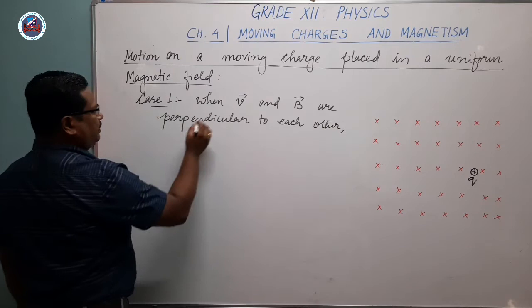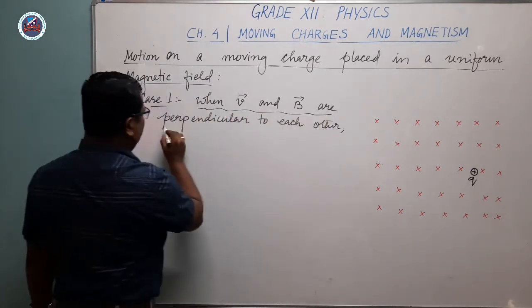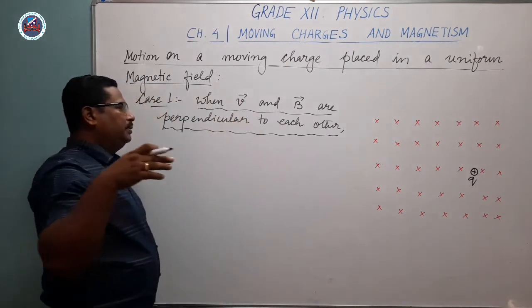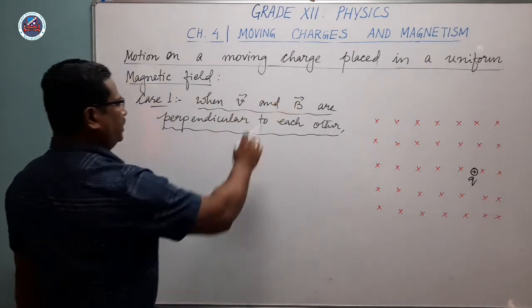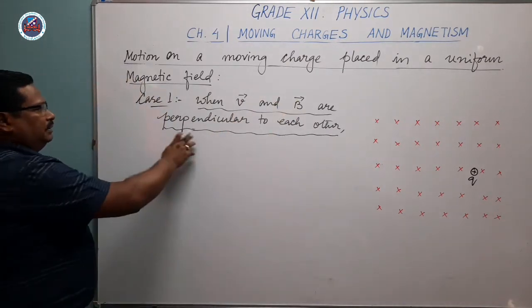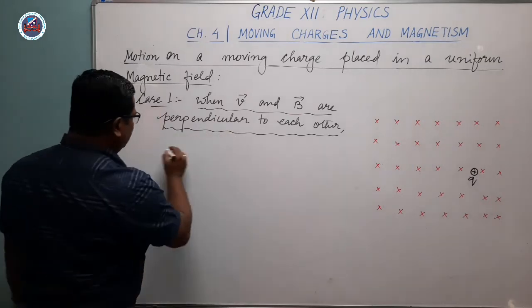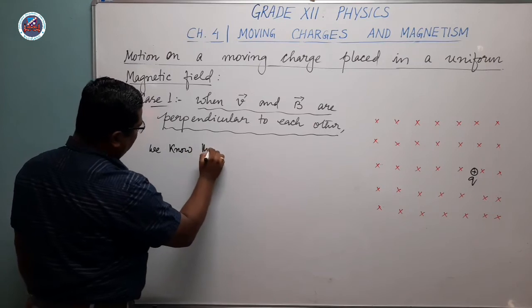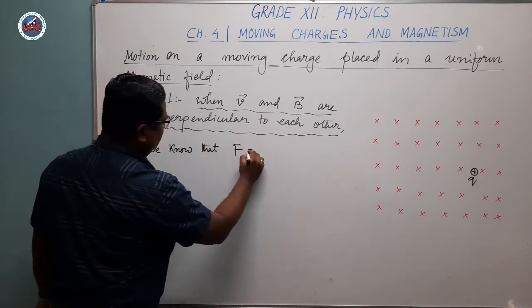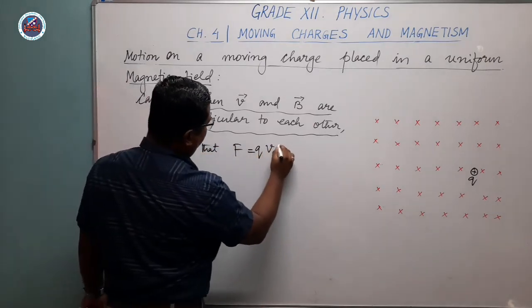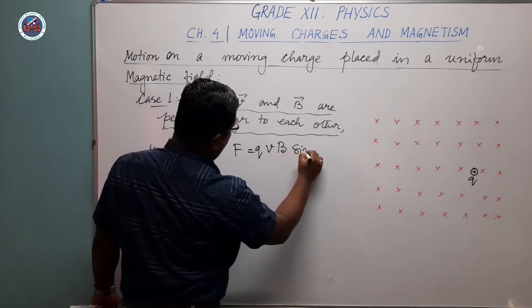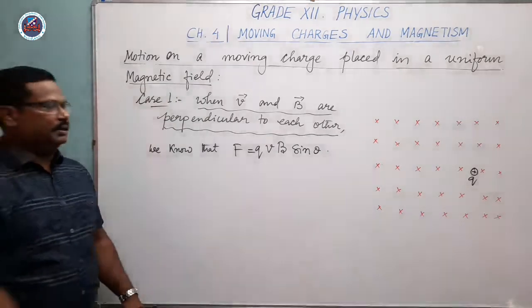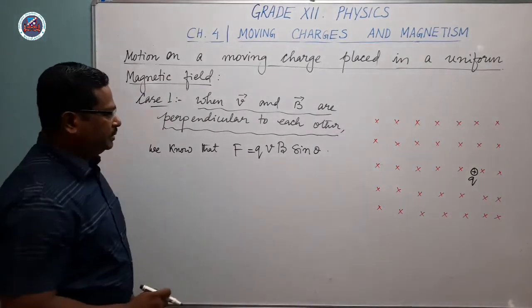The charge comes with some velocity V perpendicularly and hits the magnetic field lines. If they are perpendicular to each other, we know that F is equal to QVB sin theta. This is the force that the charge is going to experience.